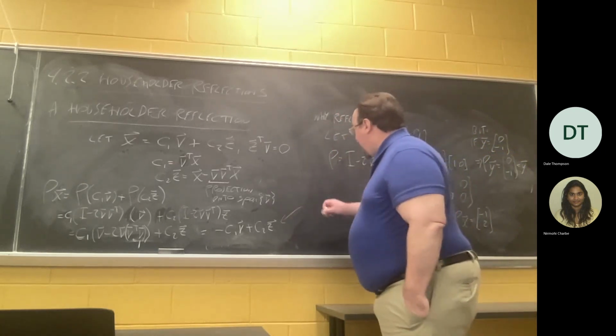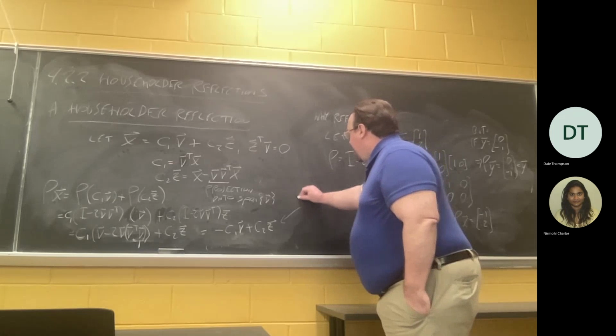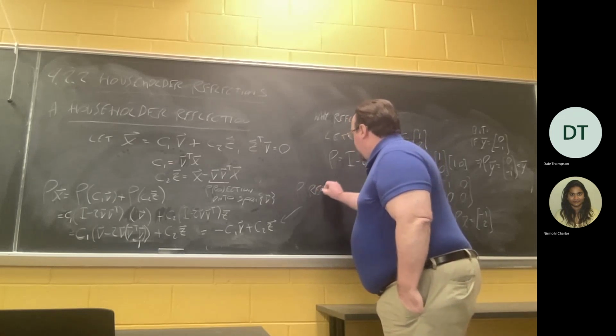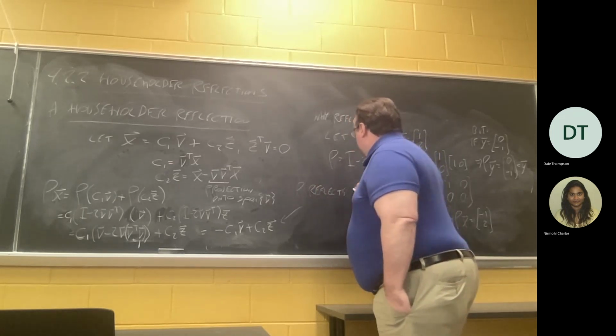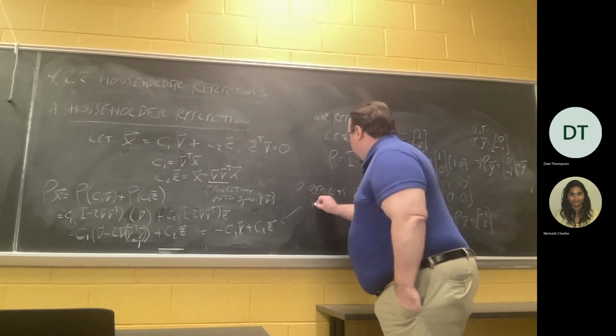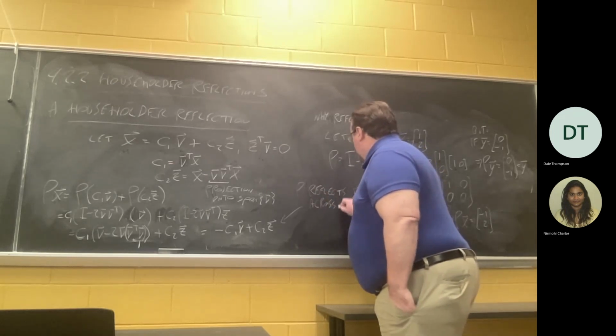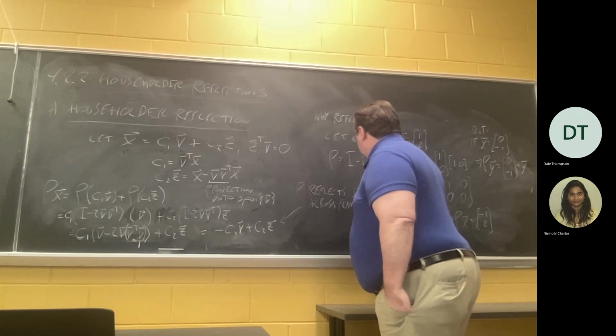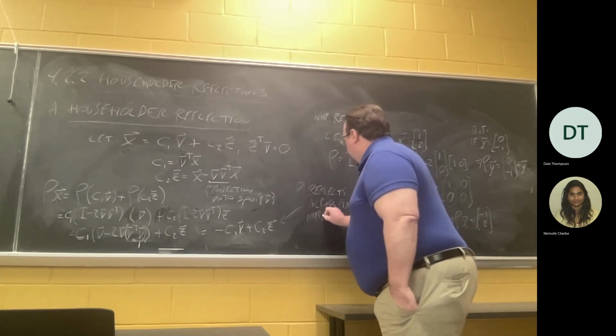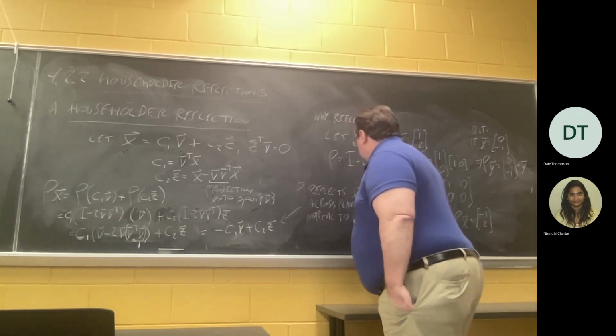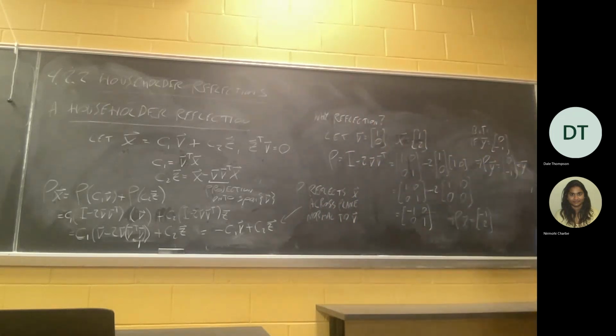Another way to describe it is geometrically, P reflects x across a plane that is normal to v, thus negating that component. We can see that from this example here.